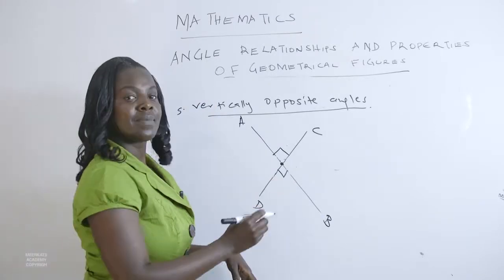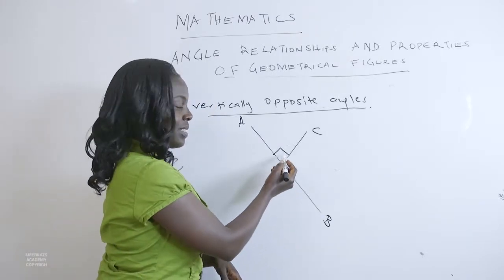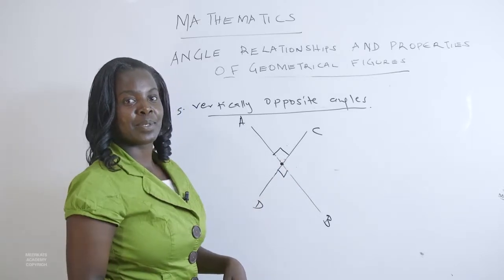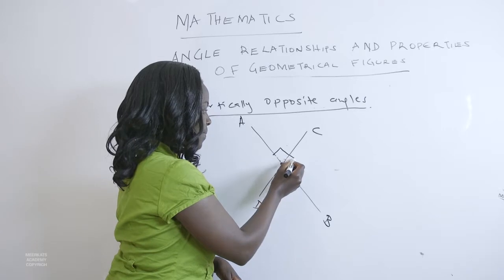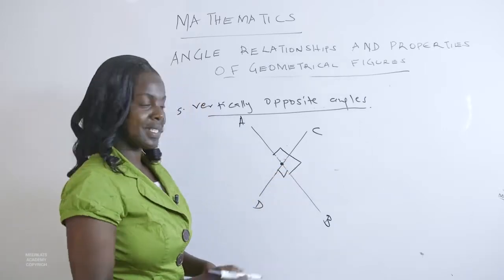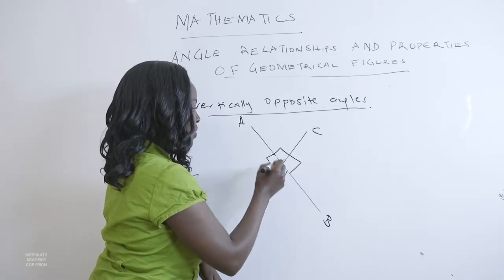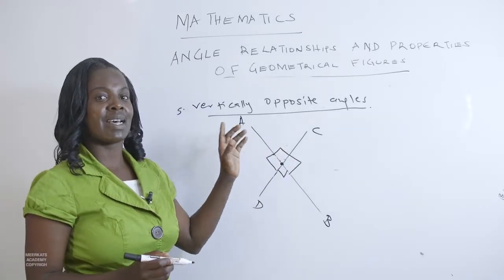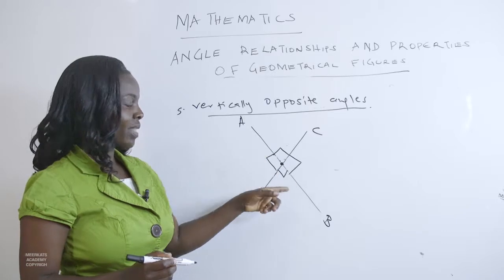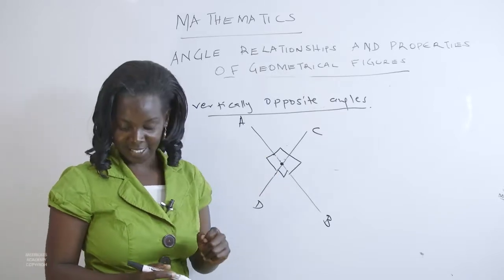And then, because angles in a straight line add up to 180 degrees, this will also mean that one is 90 degrees, and then this will also be 90 degrees. So if one of the angles in vertically opposite angles is 90 degrees, then all the angles will be 90 degrees.